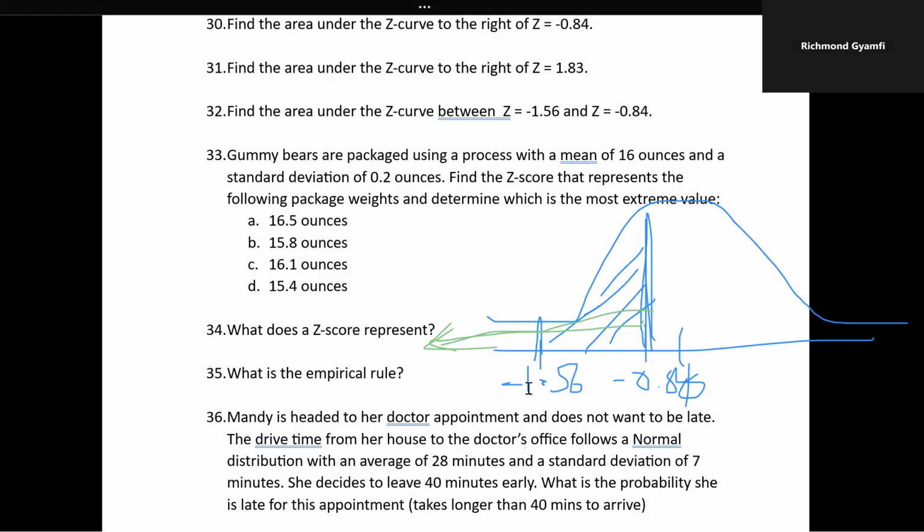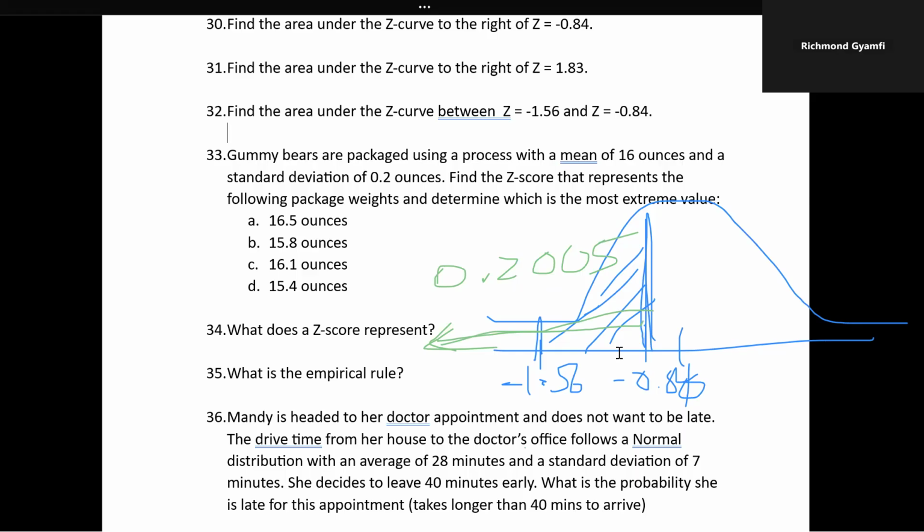I think I found that when I was trying to find the area to the right of z equals negative 0.84. And that area, if you remember, was 0.2005. So that is the bigger area to the left of negative 0.84.